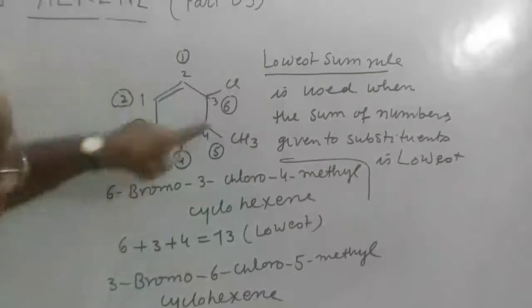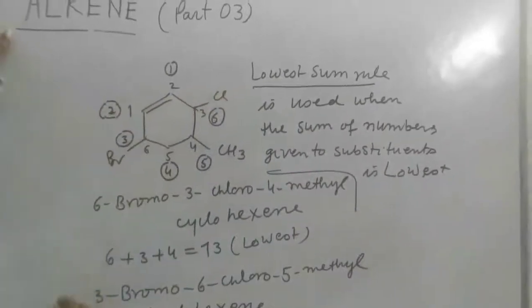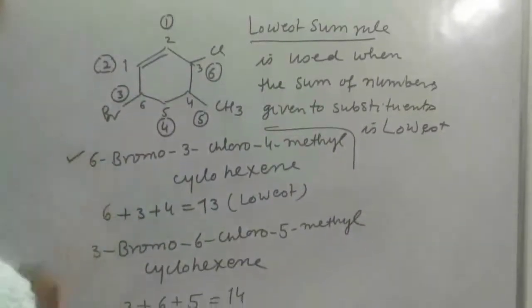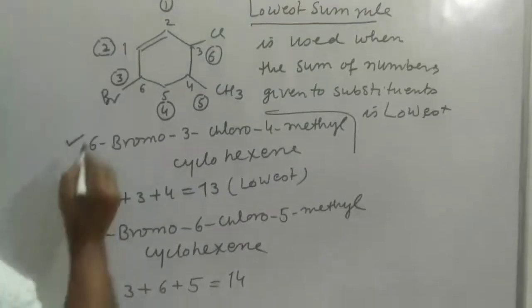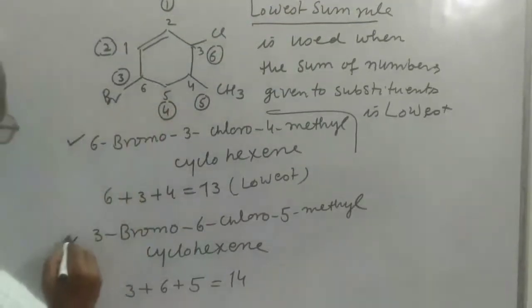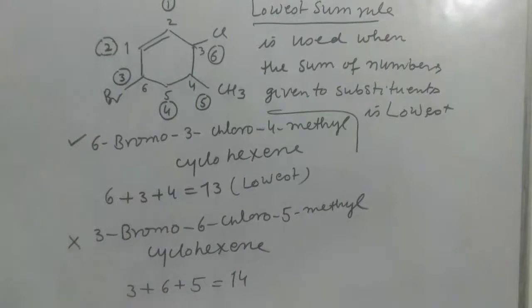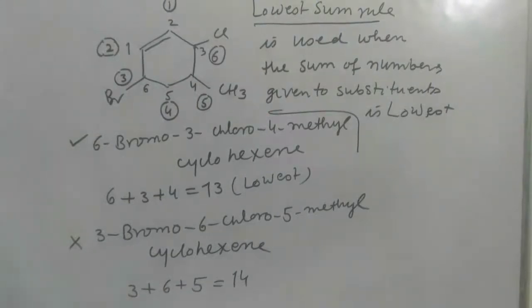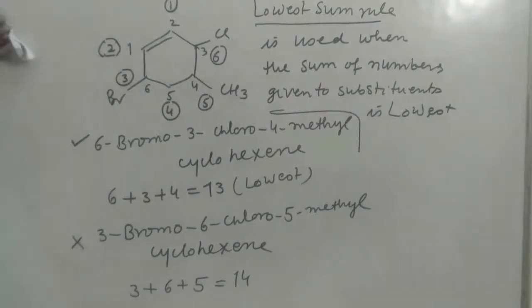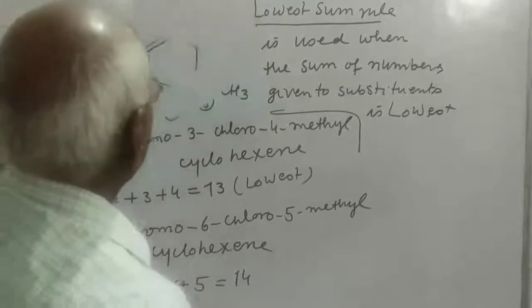So in this, according to this rule, the first numbering is correct. This is the correct name of this compound and this is not the correct name. So you will find so many examples of this type in the alkene chapter.